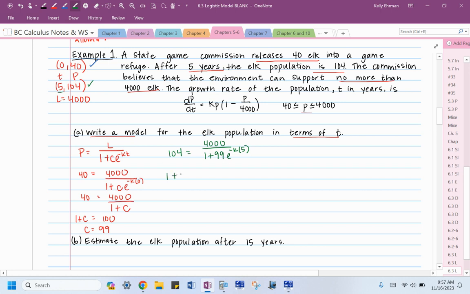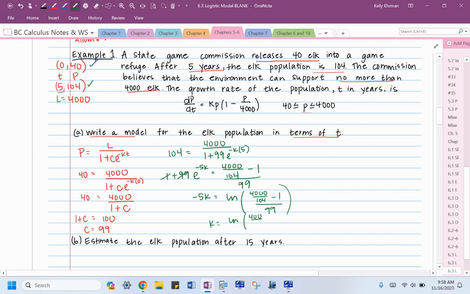So 1 plus 99 e to the negative 5k equals 4,000 divided by 104. Subtract 1. Divide by 99. Natural log both sides. And solve for k.